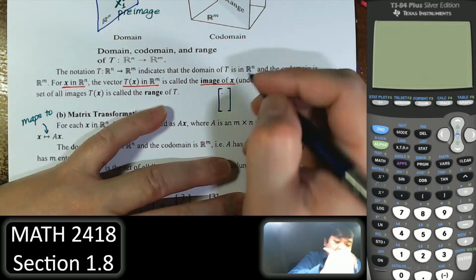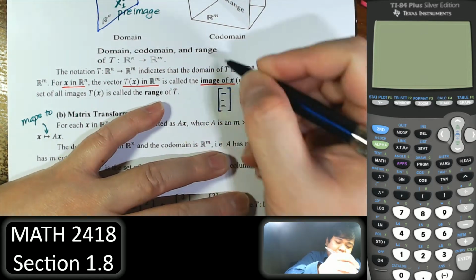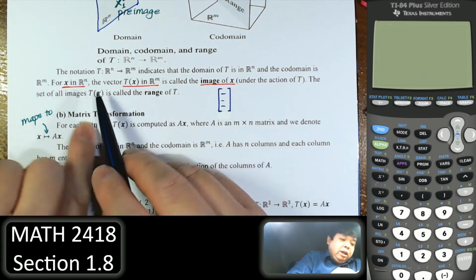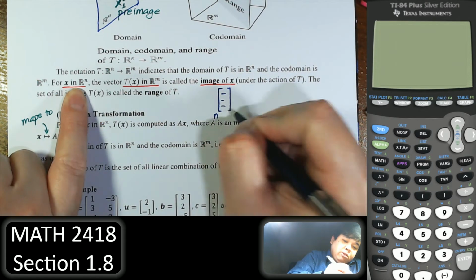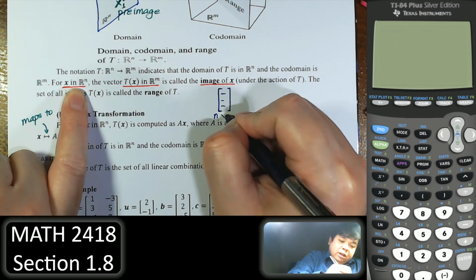Vector x will be in Rn, therefore we can say it has n rows and one column.